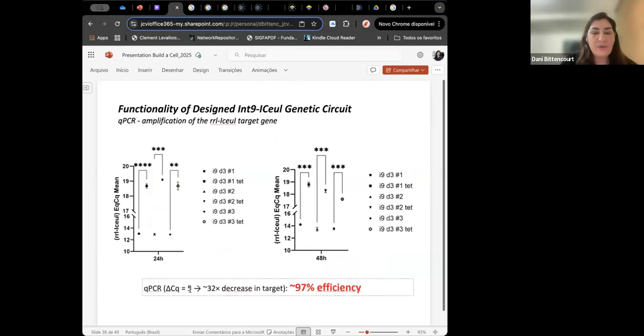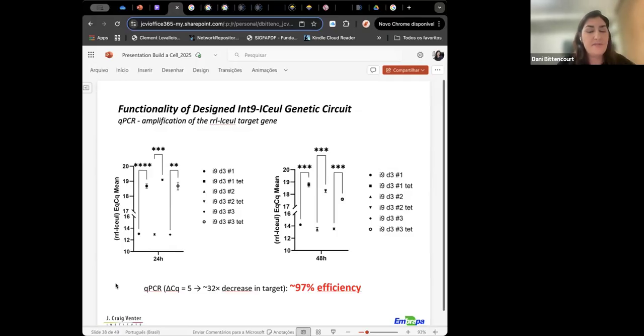First we evaluated the functionality of these cells using quantitative PCR. Here we are comparing our clones without and with tetracycline, and we have to wait 5 cycles to get a signal similar to the non-induced cell. This shows a 97% efficiency of the endonuclease cutting the target gene, the specific region of the genome where it cuts.